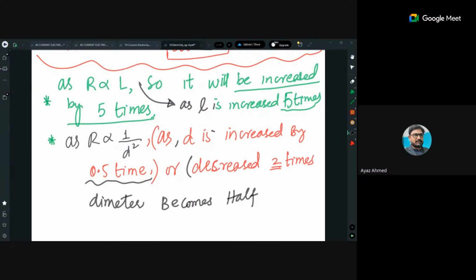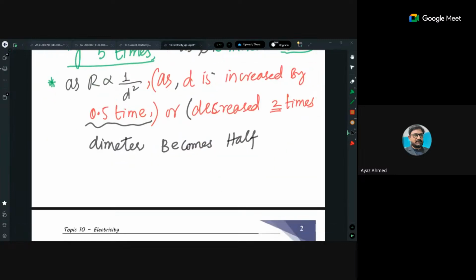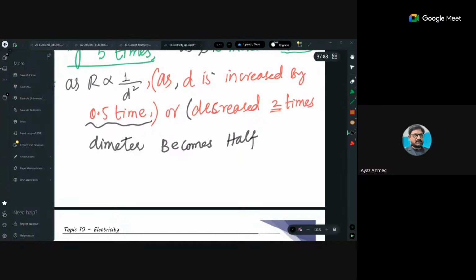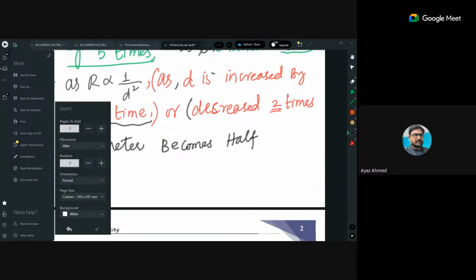If something is increasing by 0.5 times, logically isn't it decreasing by 2? Numerically देखो ना जरा.